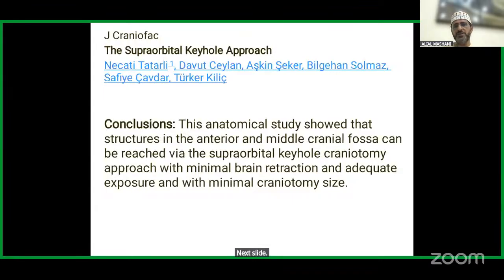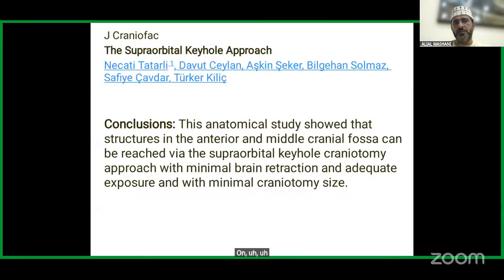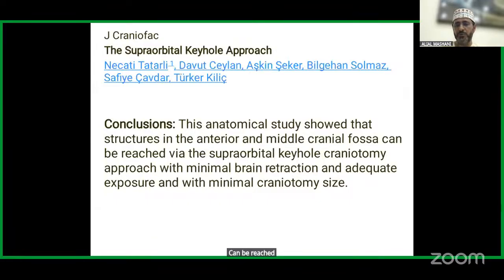Regarding this approach, there are a lot of papers on it from when it was starting. These are some examples from the Journal of Craniofacial, showing that structures in the anterior middle fossa can be reached with this approach.